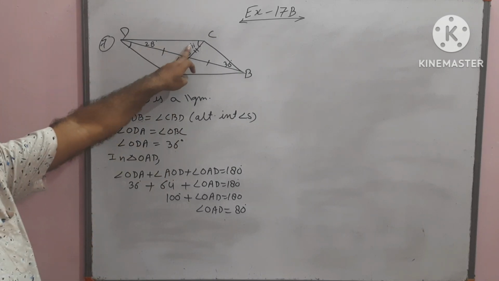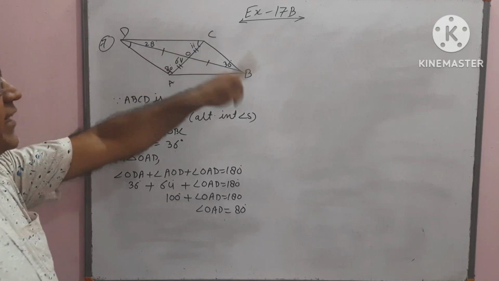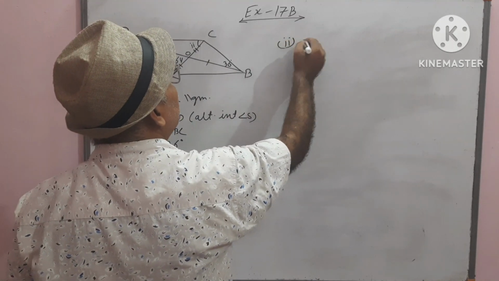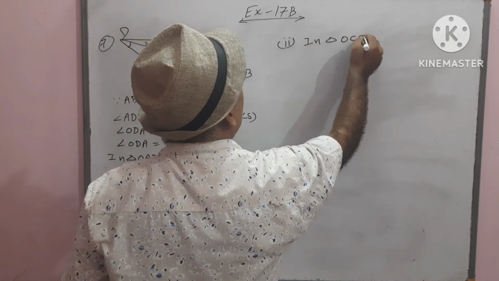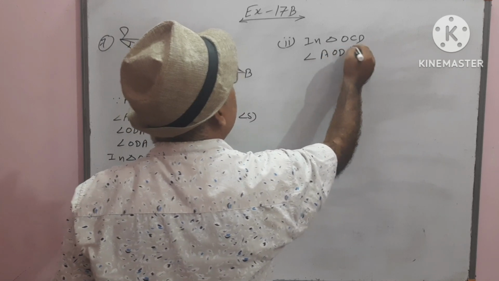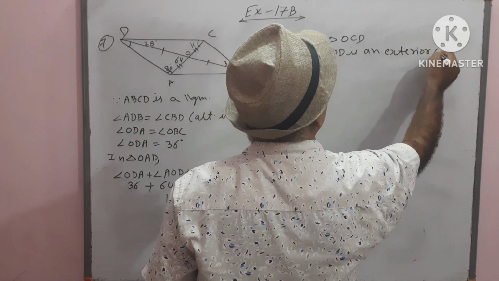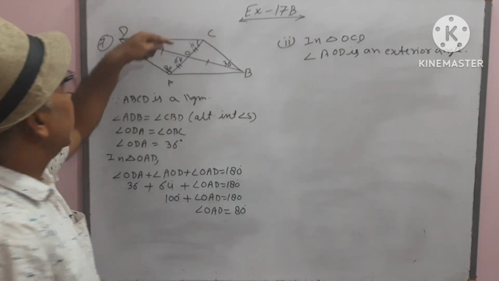Now we have to find this angle. This will be very easy. This property I told you in the previous question. Note down this. In triangle OCD, angle AOD is an exterior angle. Notice carefully.